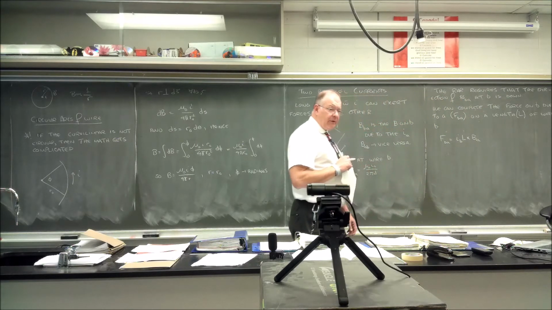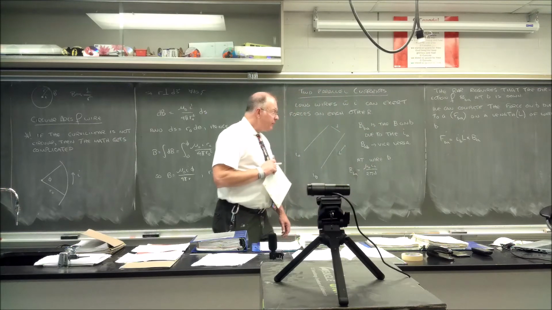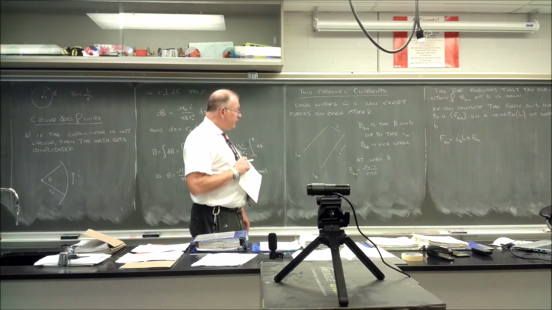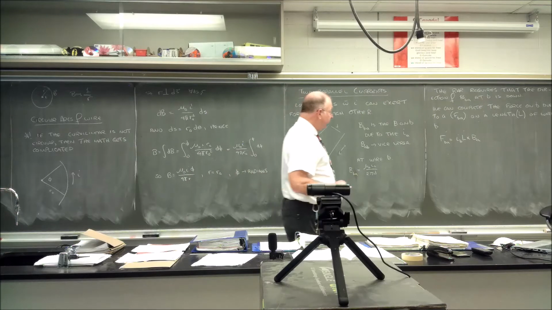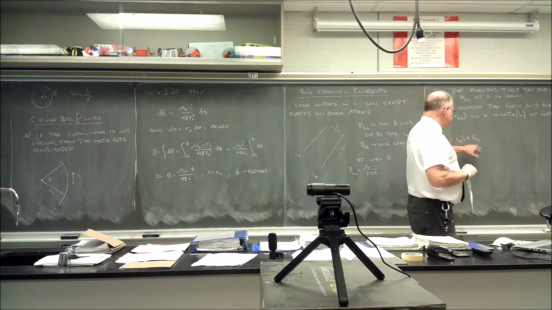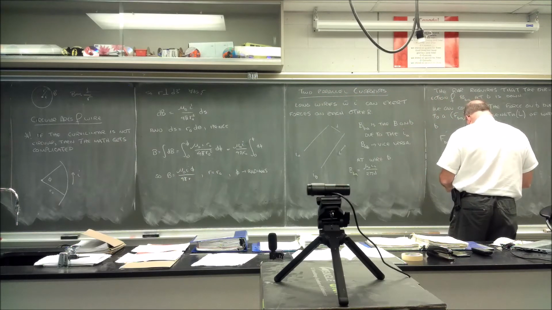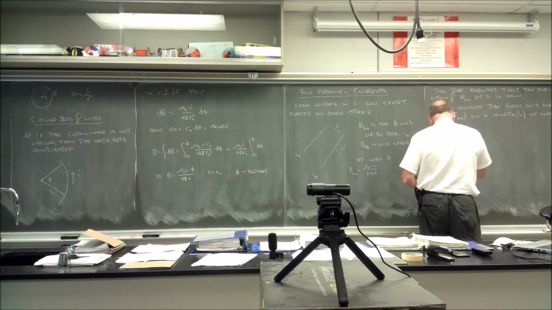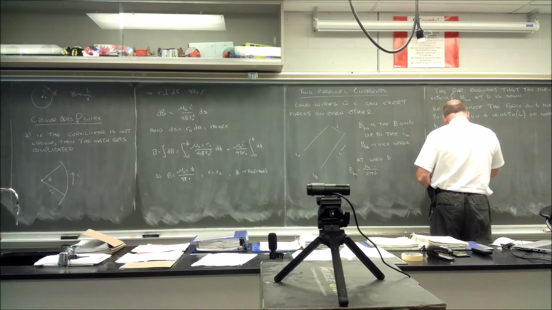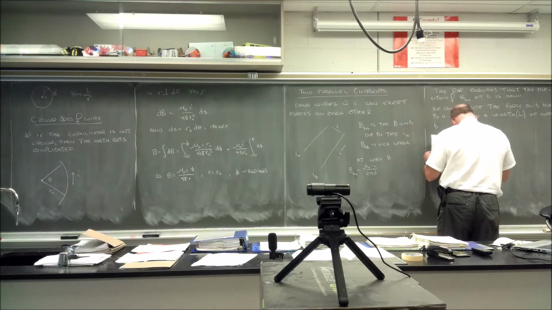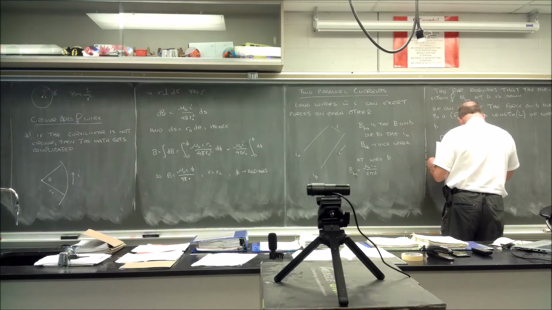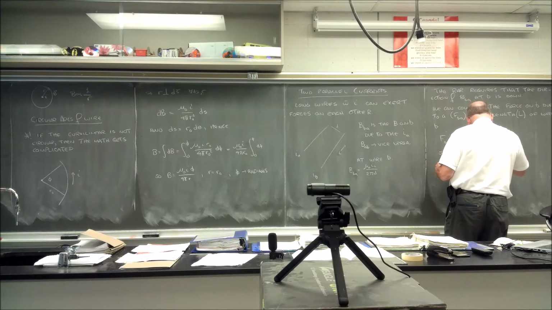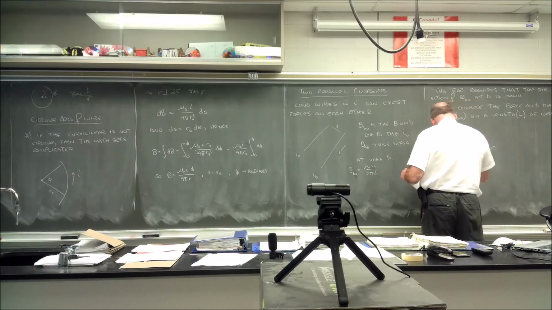Here's a good example then of two parallel currents, and how that actually works. Of course, we can remind ourselves of the definition of this and get a more interesting equation, as we will do, I suspect. Since L is parallel with the current, and perpendicular to B sub A, FBA is ILB.